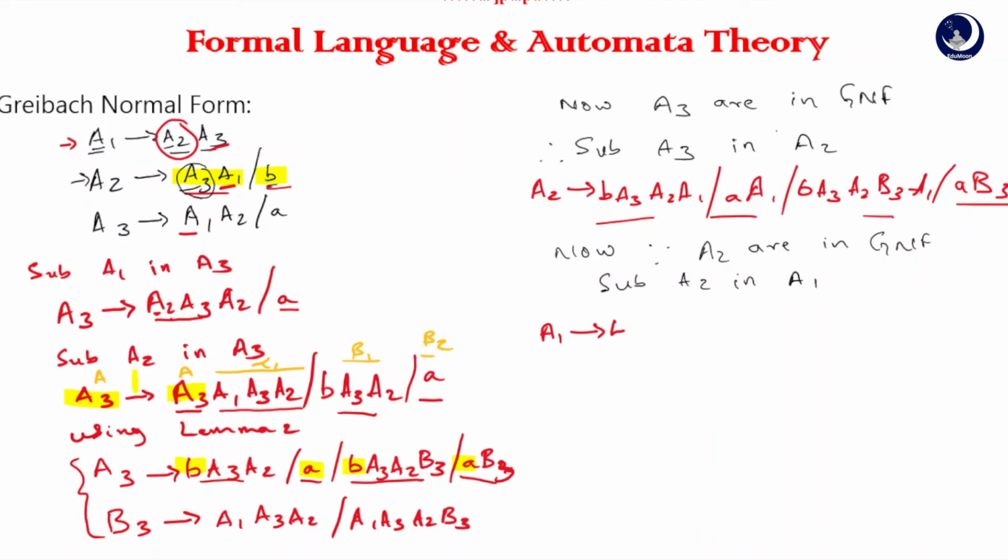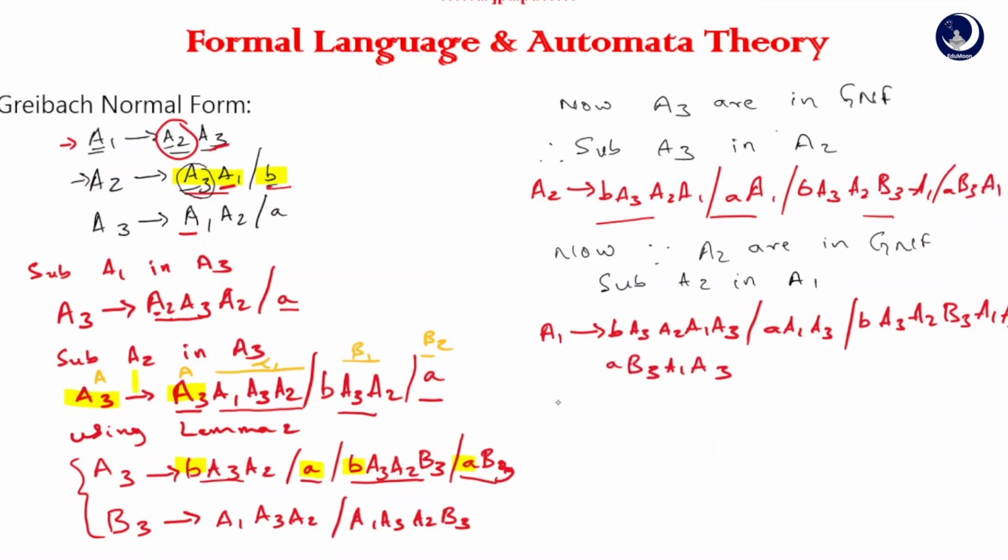So here it will be B A3 A2 A1 A3, or A A1 A3, or B A3 A2 B3 A1 A3, or A B3 A1 A3. So these are the production rules for A1. And now you can see that all the A1 productions are in GNF, because all of them are starting with a terminal.